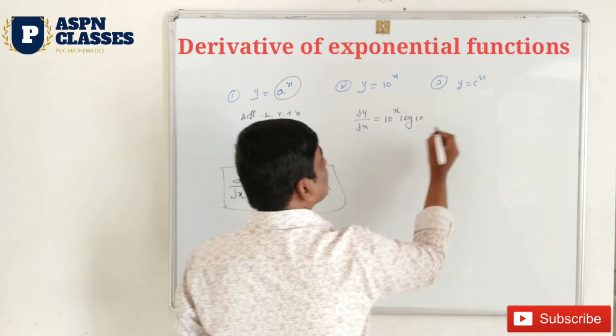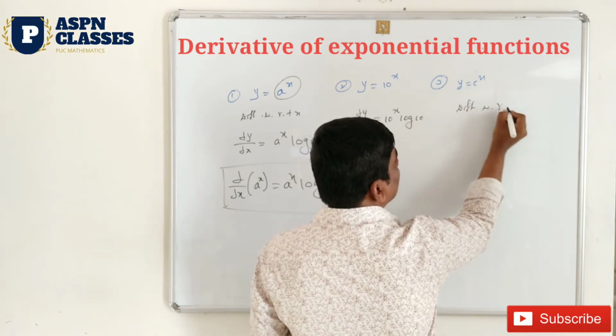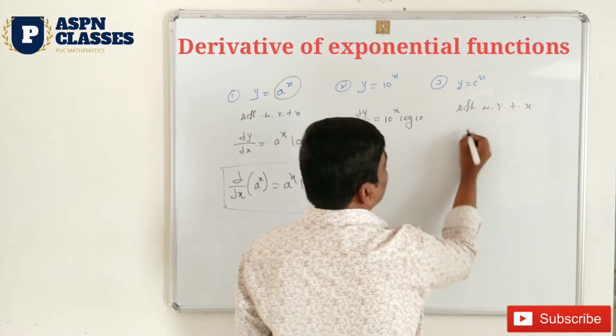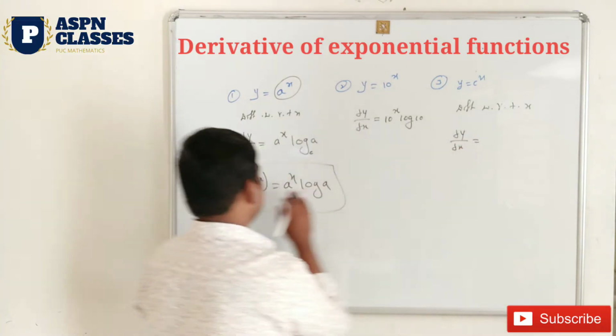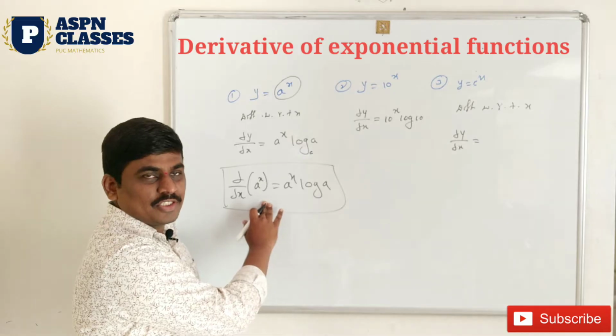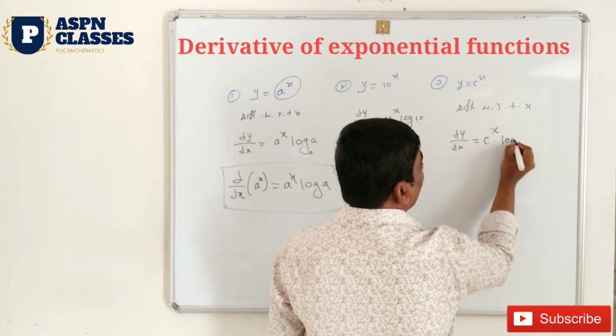Observe, in this case also I am applying the same thing, differentiate with respect to x. Then what is the answer? dy by dx is equal to, I am applying the same exponential differentiation formula: e raised to x as it is, then log of e.